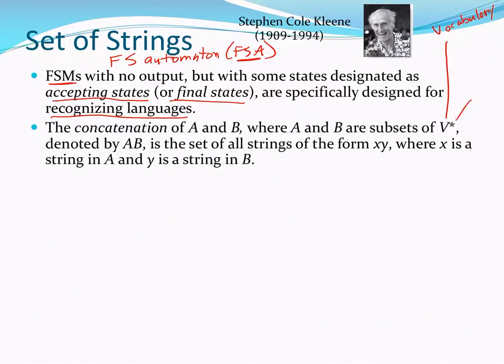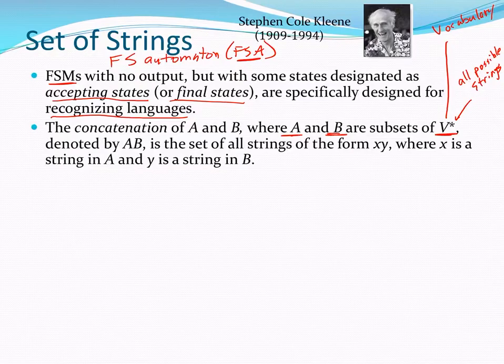And V star represents all possible strings using those symbols. Now we want to consider the set of all possible strings under a vocabulary, and then A and B will be subsets of that set of all possible strings.